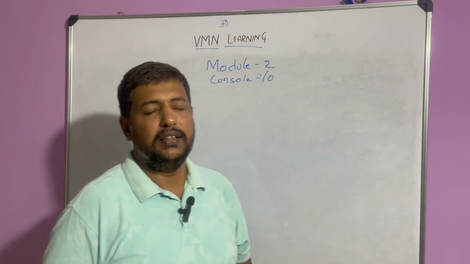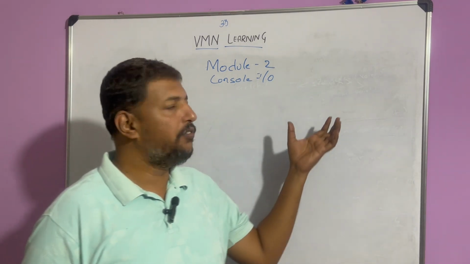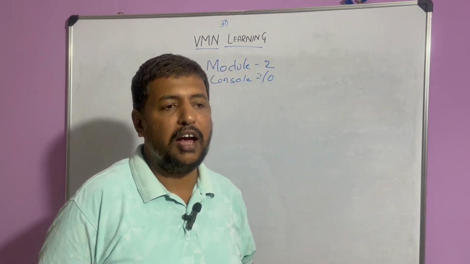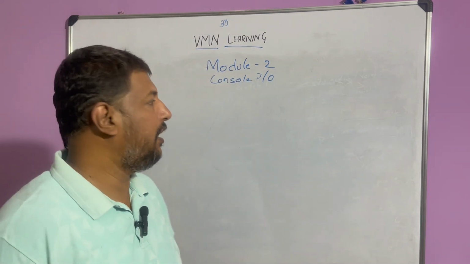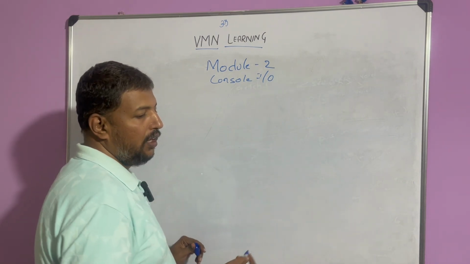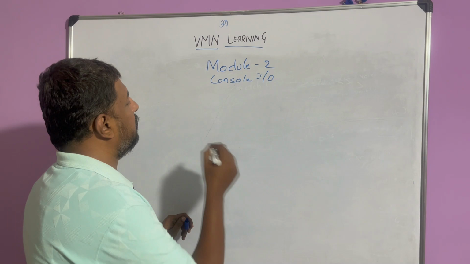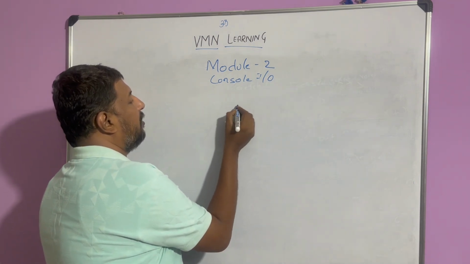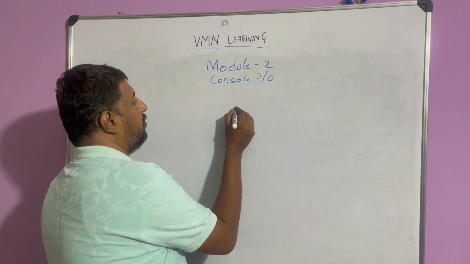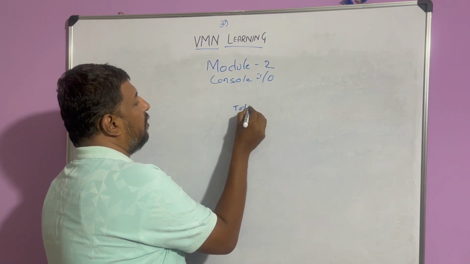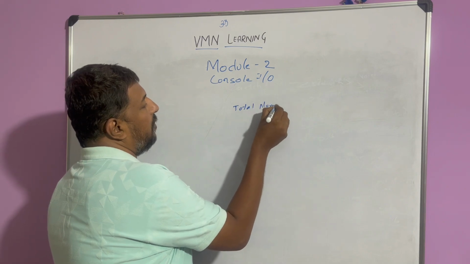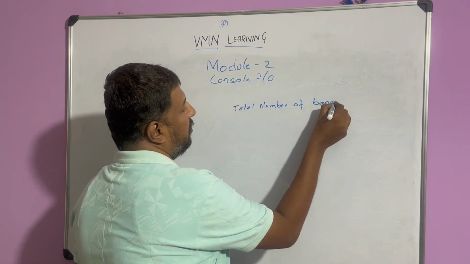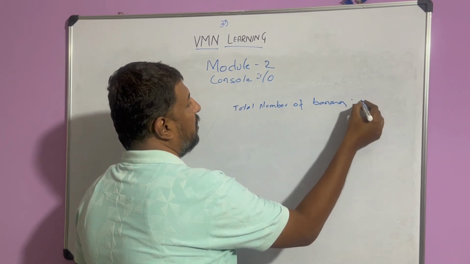These are unformatted. They normally take a string and put it out. So consider we have to put a formatted value, something like, I want something to be printed, something like total number of banana, something x number.